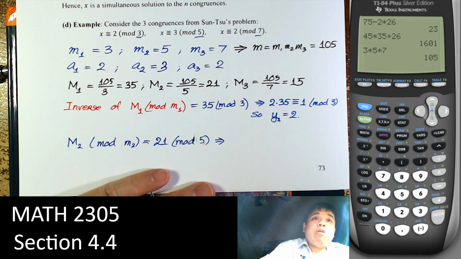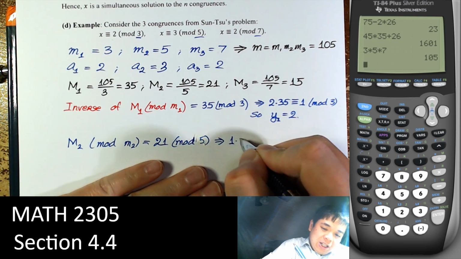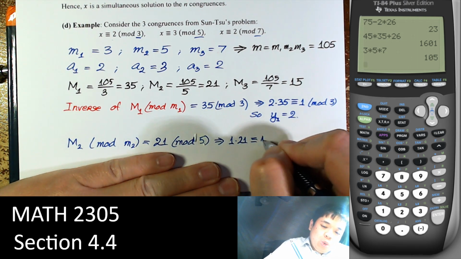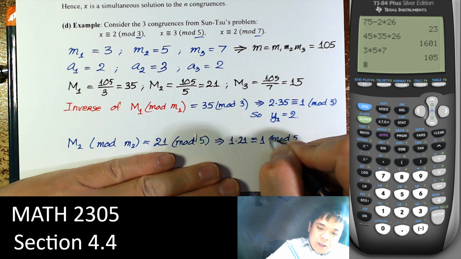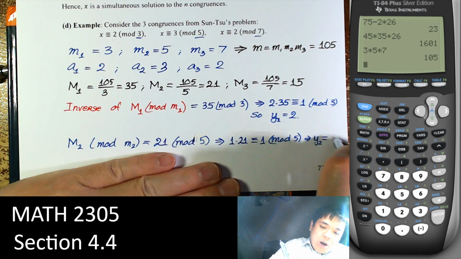Now 21 divided by 5, remainder is 1, so that's good. We can say 1 times 21 is congruent to 1 mod 5. So with this we say y2 is just 1.